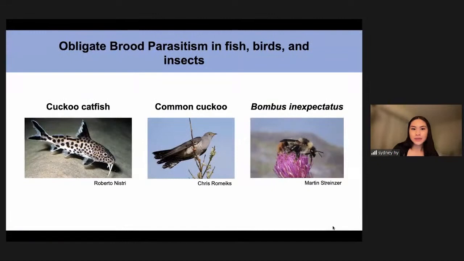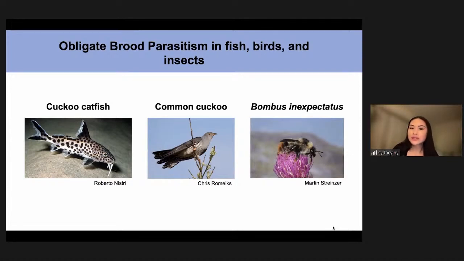So parasitism broadly defines a relationship where one organism benefits at the expense of another. This relationship presents in various forms with a range in dependency. Here are 3 examples of obligate brood parasites across groups like fish, birds, and insects.